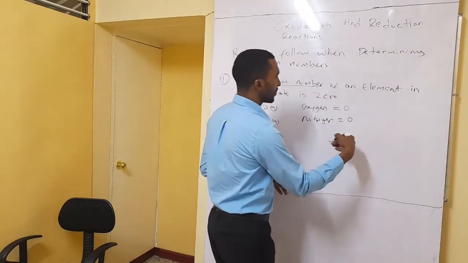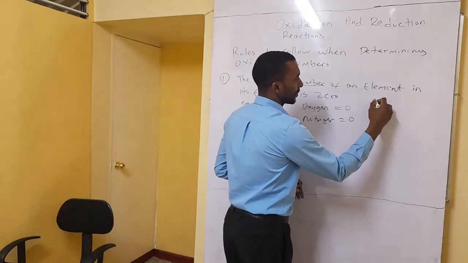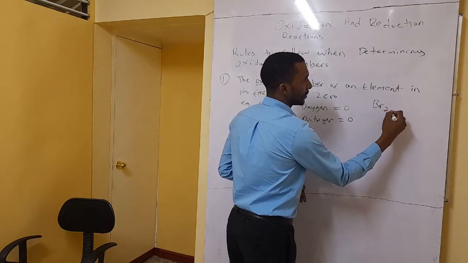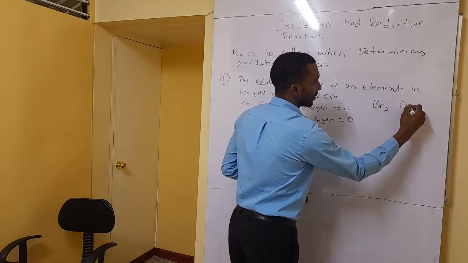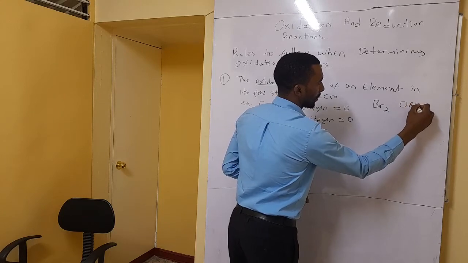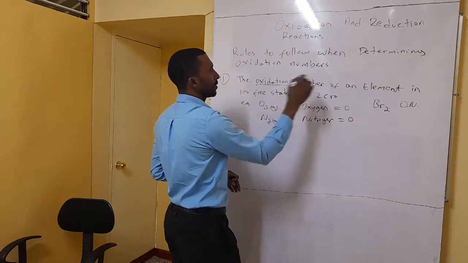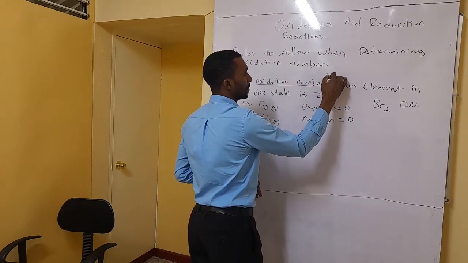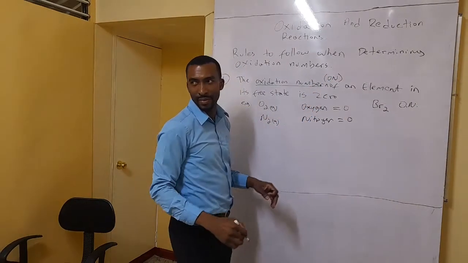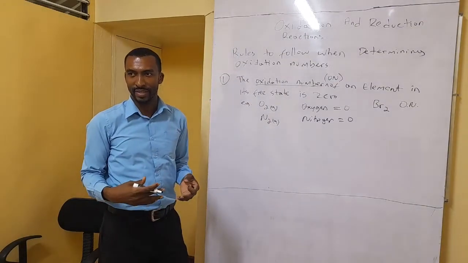So we can also use the halogen like bromine, Br2. So let's probably just use ON for oxidation number, just for abbreviation's sake, right?